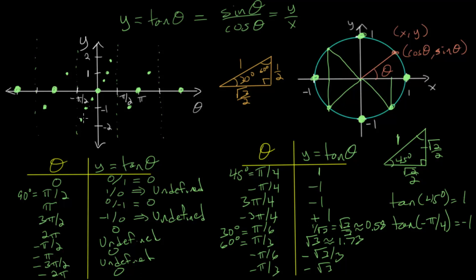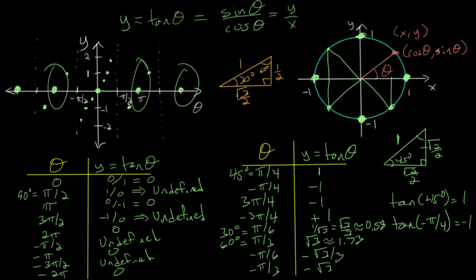And with these points plotted, we can start to see the curviness here. It will essentially look something like this, but let me redraw that with a little bit more accuracy. And we can also repeat this pattern for each of these intervals.